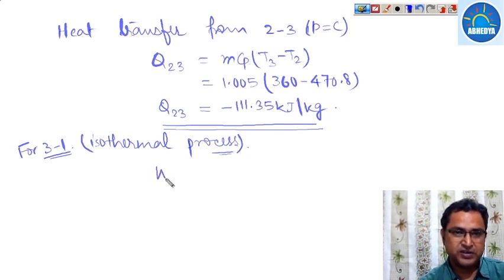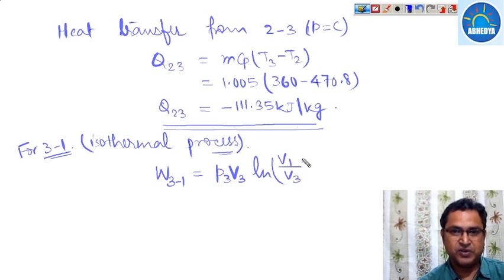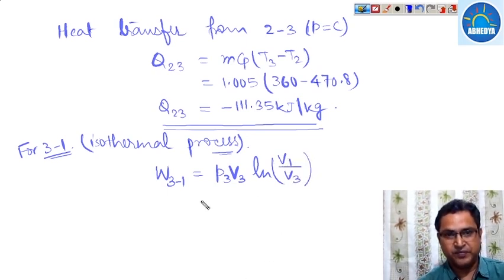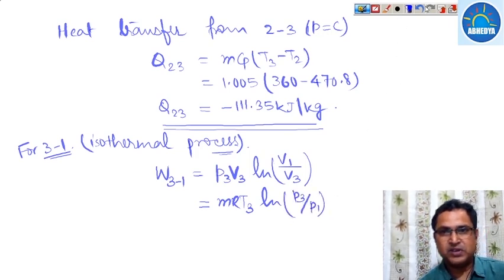So work done from 3 to 1 is nothing but P3V3 ln (V1 upon V3), or we can say this is nothing but mRT3 ln (P3 upon P1). So what is the value of P3 and what is P1?